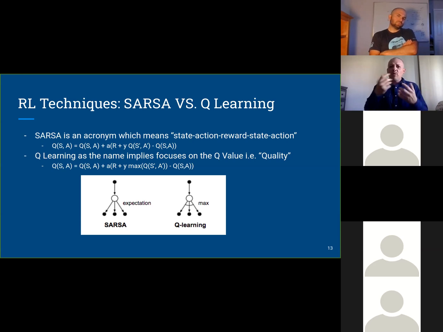Any questions about this? These equations are kind of mathy looking, so don't be afraid to ask questions. So is there, in the most general sense, a very slight difference between the two? Yeah, it's just a difference in the ideology. This function represents how you update the Q values in your Q table.